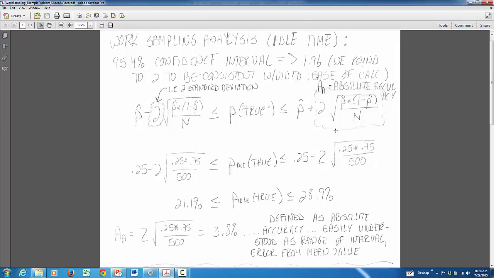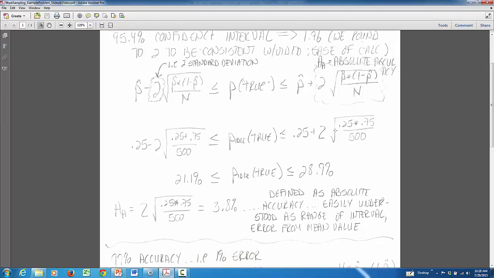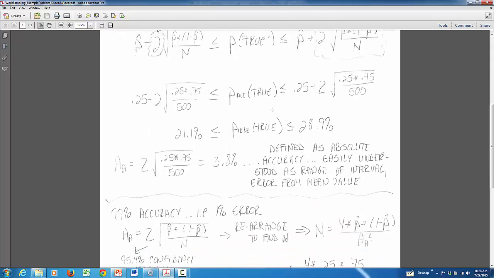If we go through and figure out our confidence interval for the idle time, we know that our idle time is somewhere between 0.25, because that was our proportion of idle from the study analysis, minus 2, as our 95% confidence interval determines, times the square root of 0.25, our proportion of idle time, times 1 minus 0.25, which is 0.75, divided by n, 500, our total number of observations in the study.